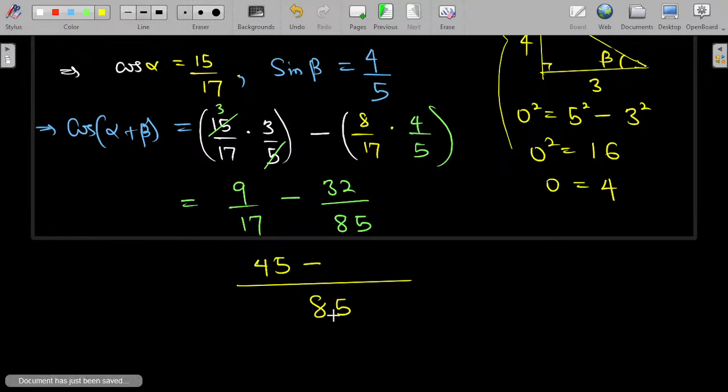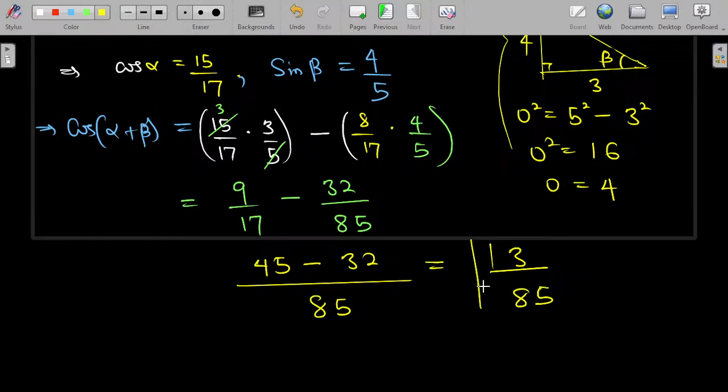Minus 85 into 85 is 1. 1 times 32 is 32. So here you have 45 minus 32, and that will give you 13 all over 85. And that is the last solution in this exercise.